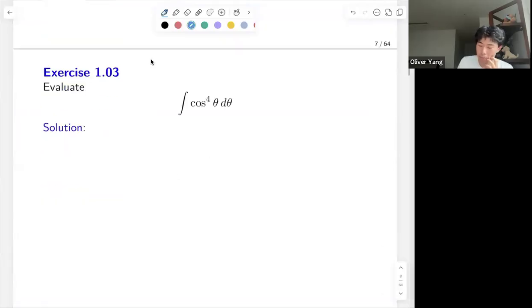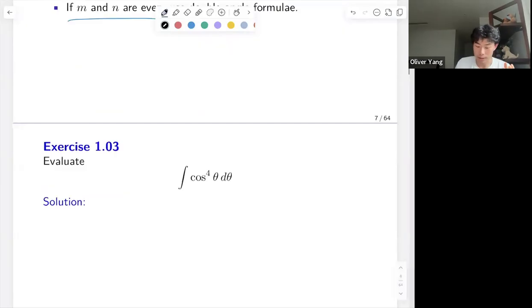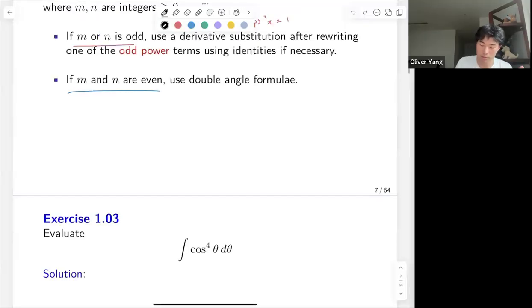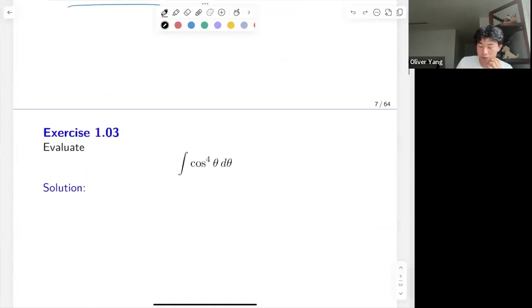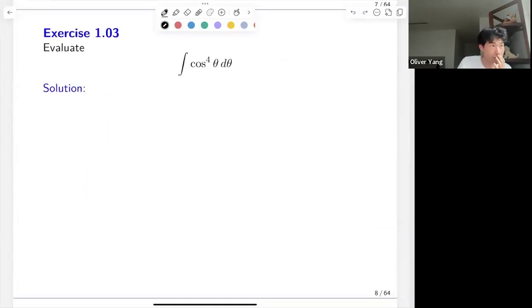So for the first one, we get just cos to the power 4 by itself. Because it's all even, both m and n are even. In this case, it's just the cos. Because they're both even, we're going to use some double angle formula.